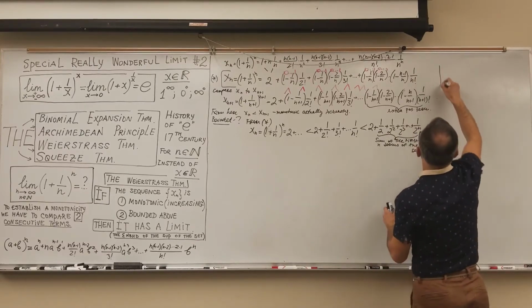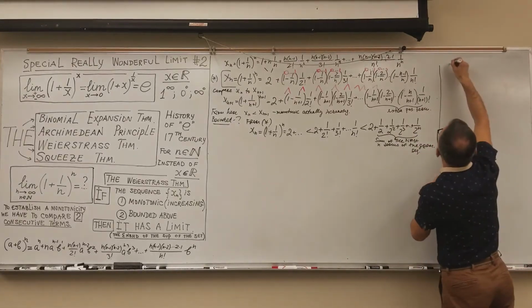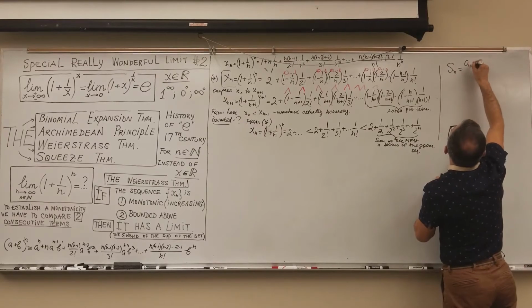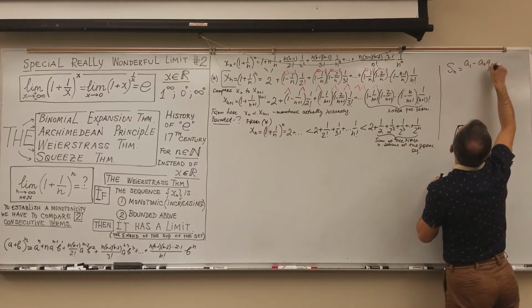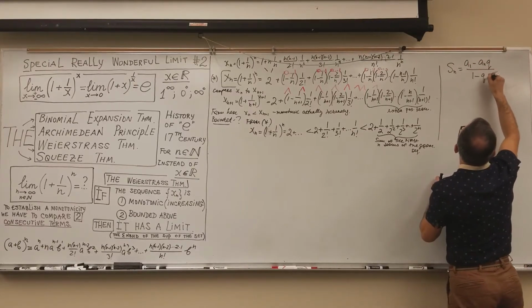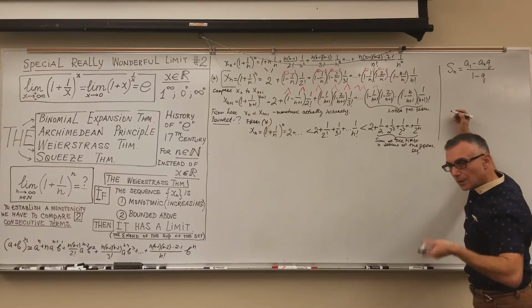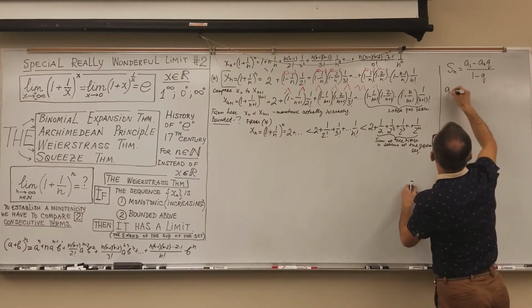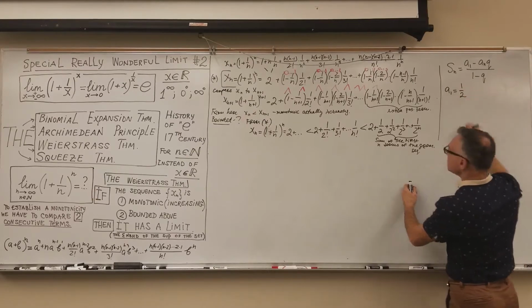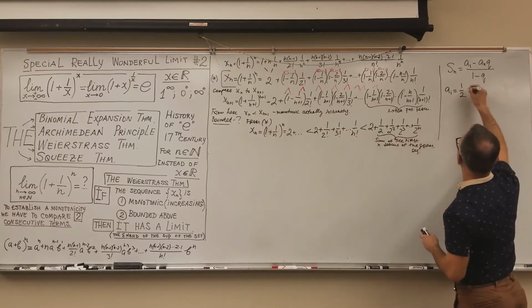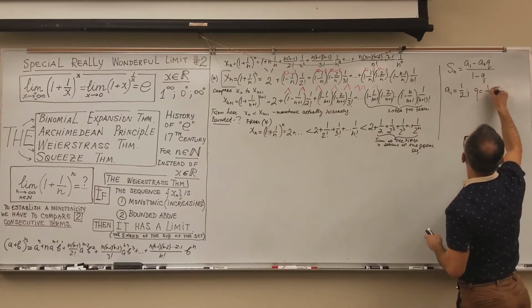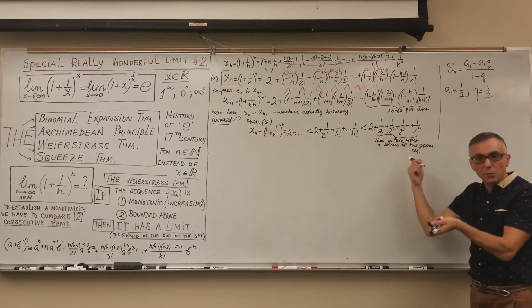And we all remember the formula. It's equal to (a1 minus an q) over (1 minus q). That's the formula for the sum of the first n terms of the geometric sequence, where a1 is the first term, which is 1 over 2. Q is also 1 over 2, it's the common ratio.